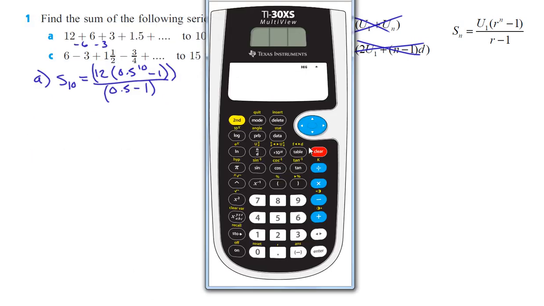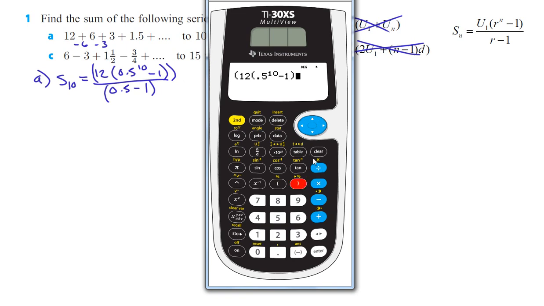Calculator, there we go. So we're going to do parentheses 12 times 0.5 all to the 10th. And then I'm going to push over here so that we then subtract 1 from this, not subtracting it from the power.